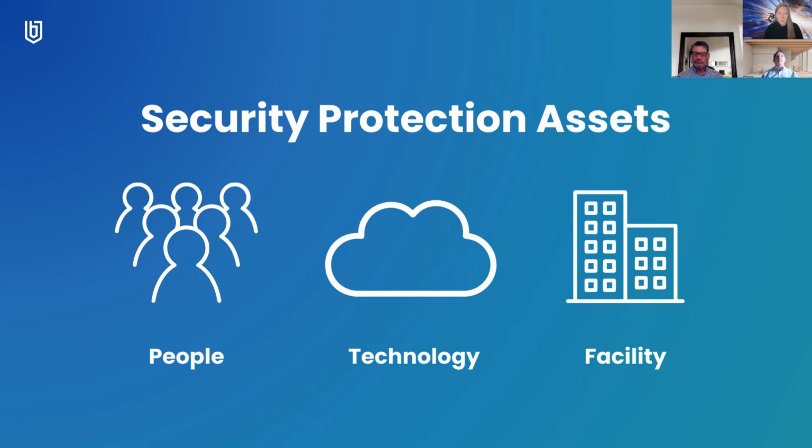An external services provider like an MSP or an MSSP, or a systems administrator, security manager, or even a security guard, all of those fall into people who are acting as a security protection asset. And then the facility. So what facilities are going to come in scope for the controls?